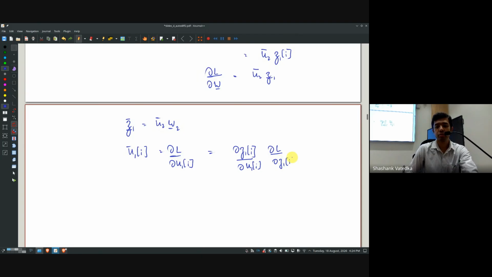And that's because the mapping from U1 to Z1 is element-wise. So this is equal to Z1 bar times phi1 prime of U1.